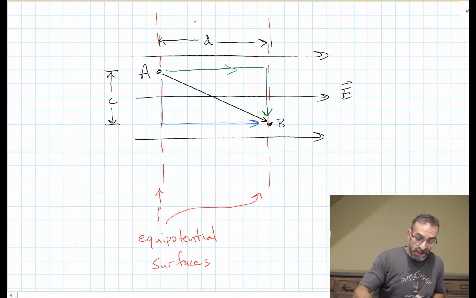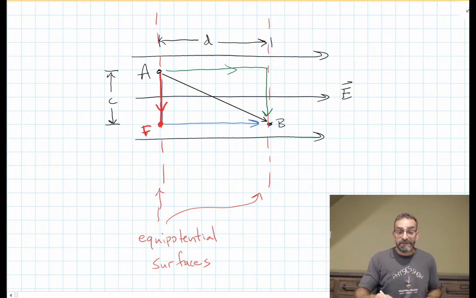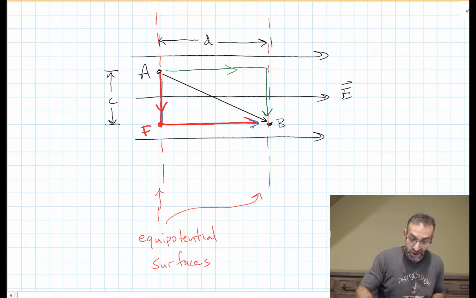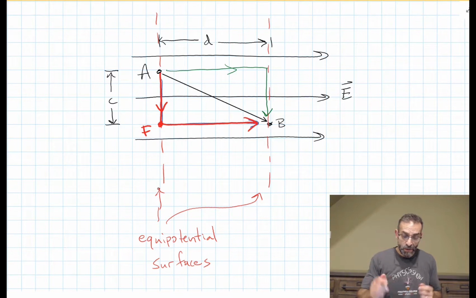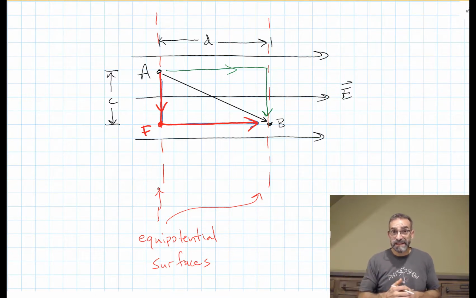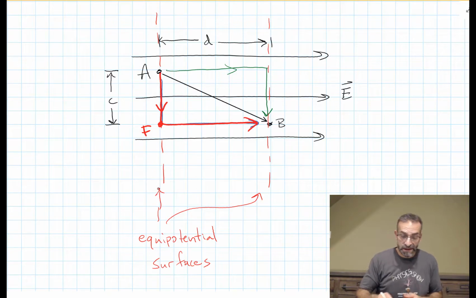So moving from point A to point F to point B, the first move from A to F didn't change our potential at all. We didn't do any work moving perpendicular to the field lines. Only going from F to B did we do work and have a change in electric potential.